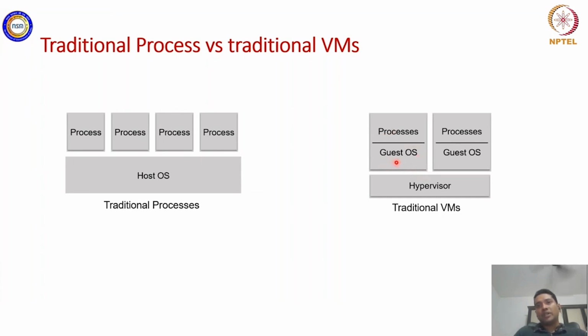Each process only knows the system calls that it invokes for its own guest OS, and no other system calls are visible to it, because its system calls are routed through its guest OS, which is in a completely separate virtual machine. So the isolation here is completely rigid, and these are the two extremes that we can see here, right?